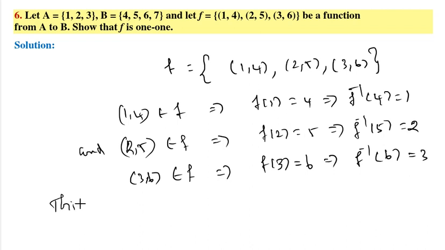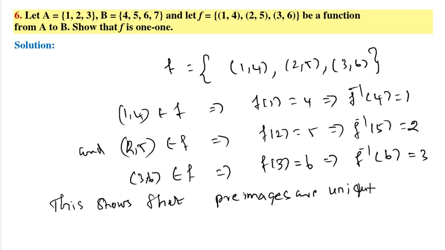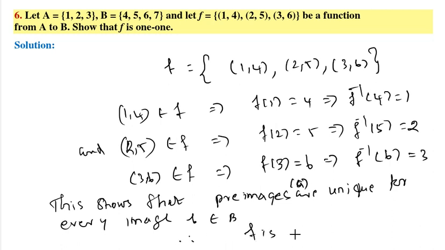This shows that the pre-images are unique for every image. Every image in the set B has a pre-image in A, and therefore the function f is one-to-one or injective.